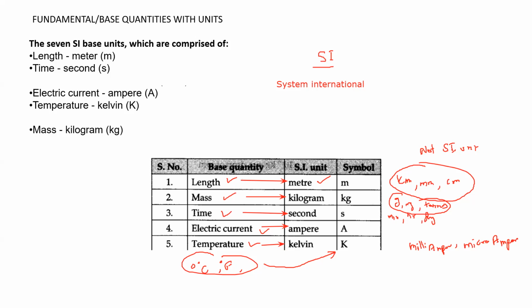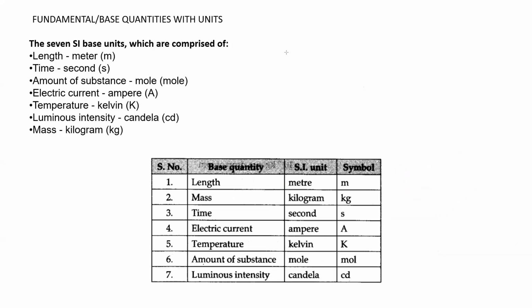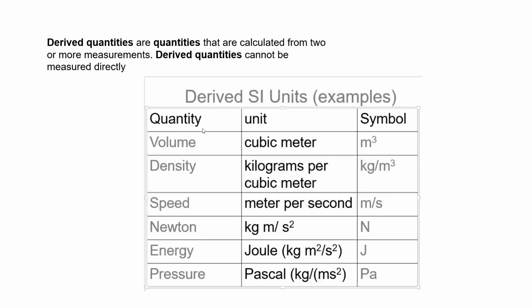For this purpose, you have to learn the prefixes, and these are the prefixes we normally use. So what is the meaning of nano? Nano means 10 power minus 9.